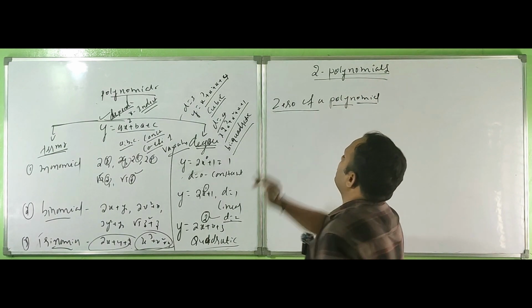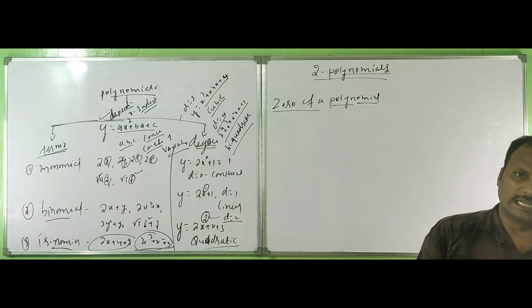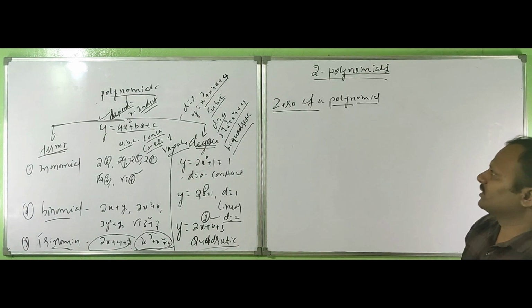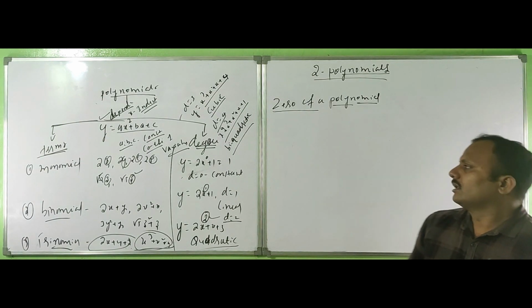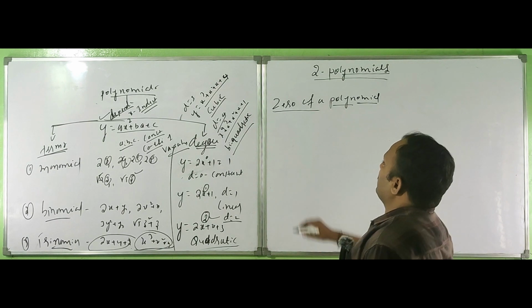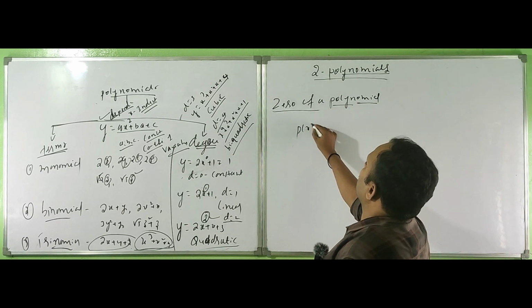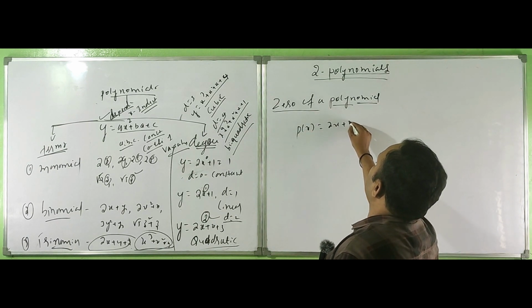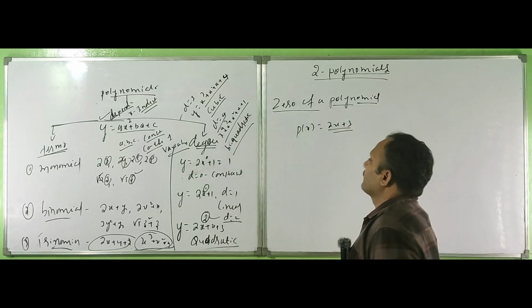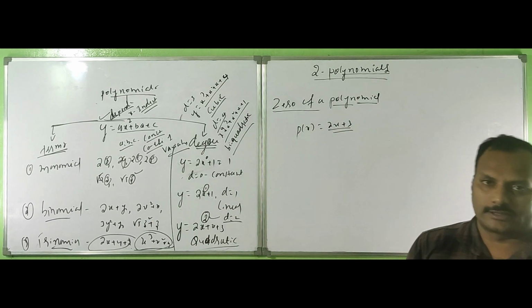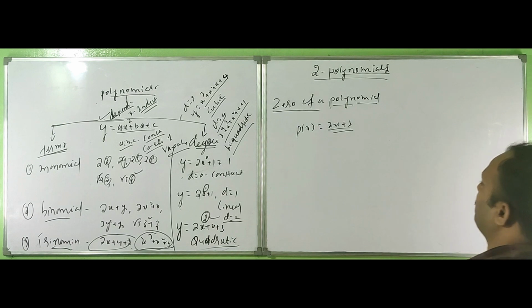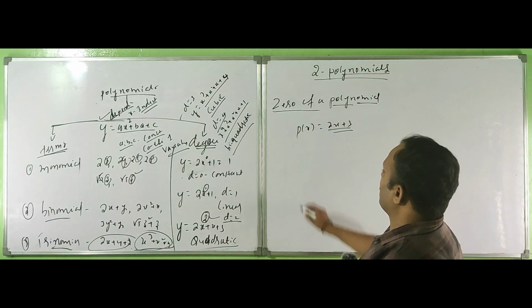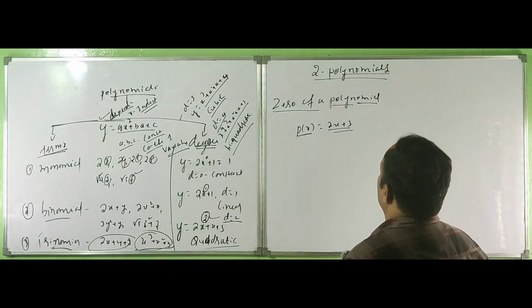Okay, let's see the zero of a polynomial. The word itself tells what zero of the polynomial means. Let's write p of x is equal to 2x plus 3 as the polynomial. For any value, just put some constant in the equation.